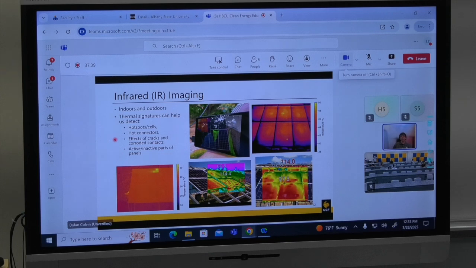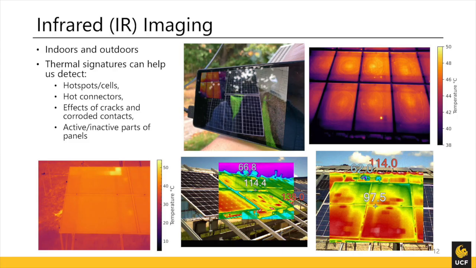Infrared imaging, this is one I think we're all familiar with. In the field of solar, this is one of the most common techniques to inspect panels outside. It's nice, quick, easy, and I like the pictures. So you can see whether cells are operating at elevated temperatures.